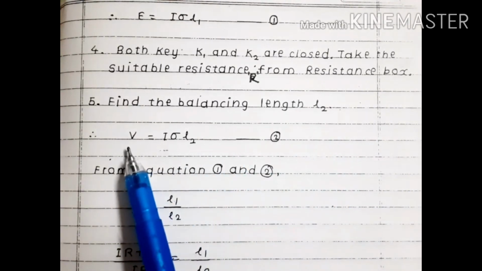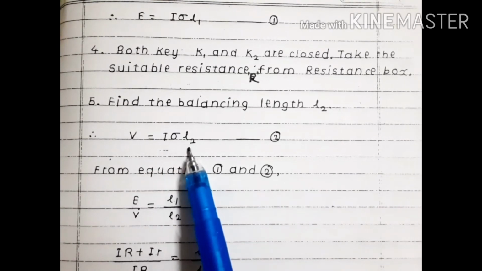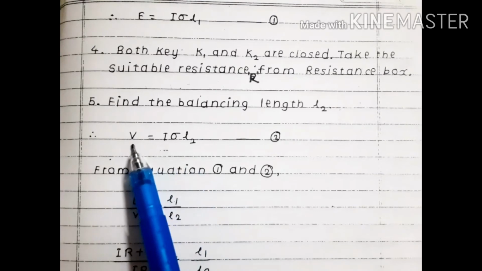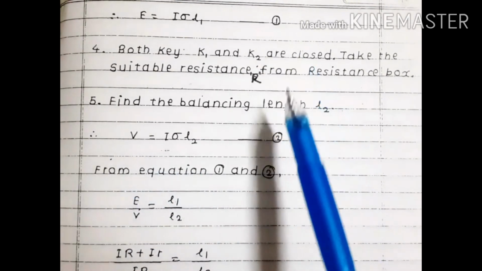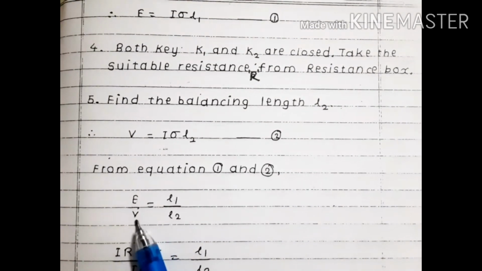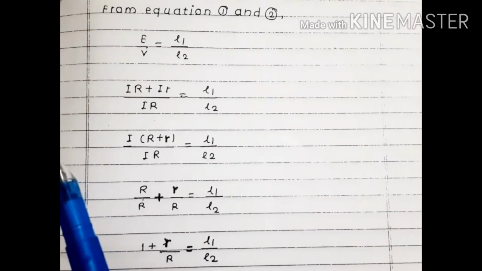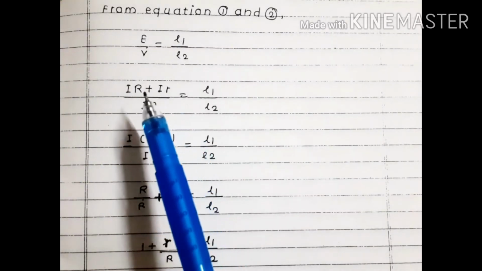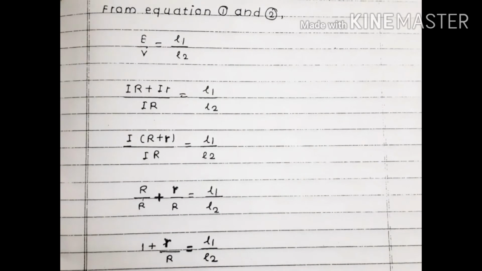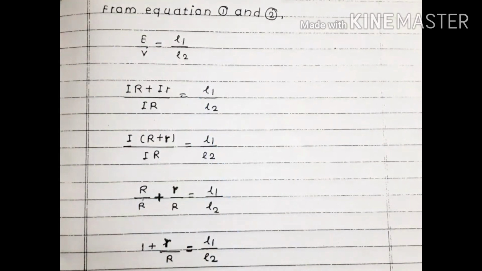For that purpose, I am able to write that V is equal to I sigma L2, where L2 is the balancing length for the external PD of the given cell. By taking the ratio of equations 1 and 2, we get capital E divided by capital V is equal to L1 divided by L2.